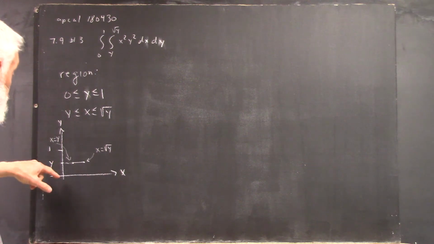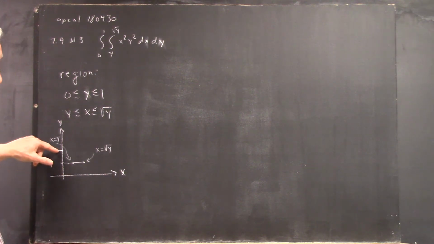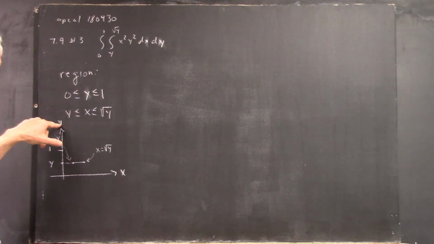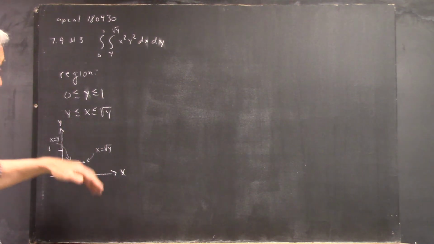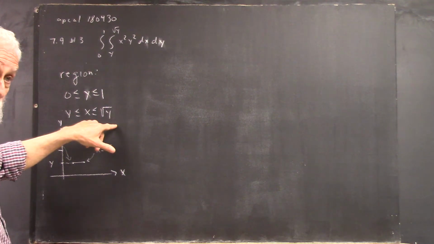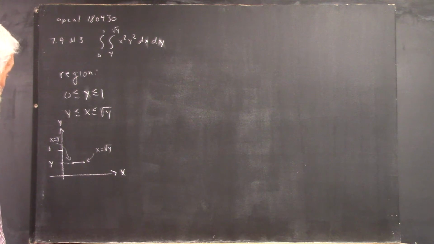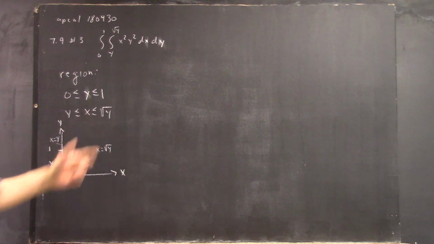Now, if y is between 0 and 1, its square root is bigger than y. If y is bigger than 1, then this would be bigger than this, but that's not going to happen because y is confined to be between 0 and 1. So we're assured that these inequalities make sense.